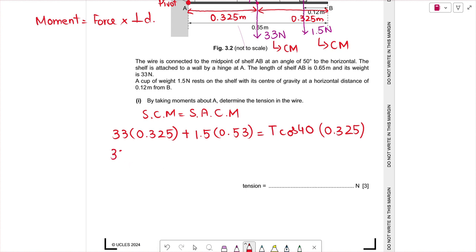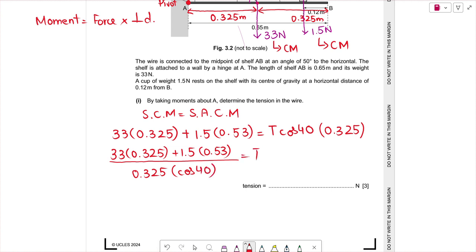When you shift it to the other side, we get the whole expression divided by 0.325 times cos of 40 equals T. So put this entire expression on your calculator and it gives you the final value for the tension, which is 46 Newton.